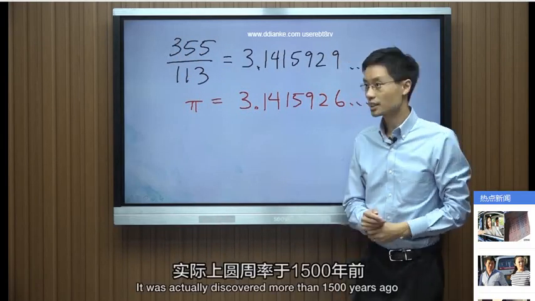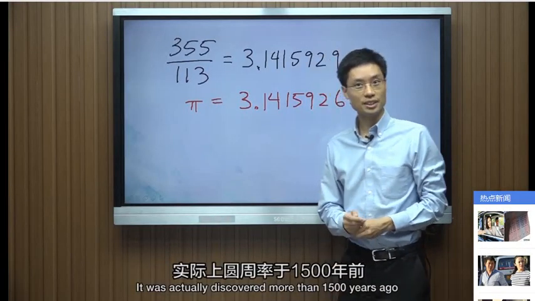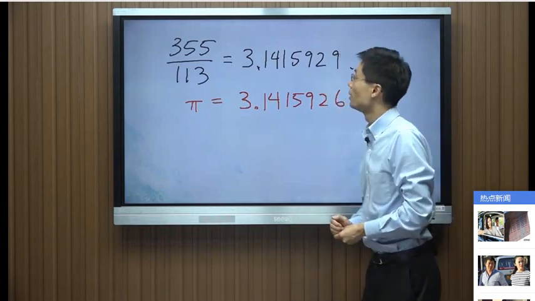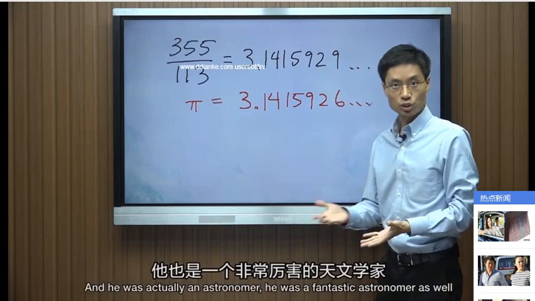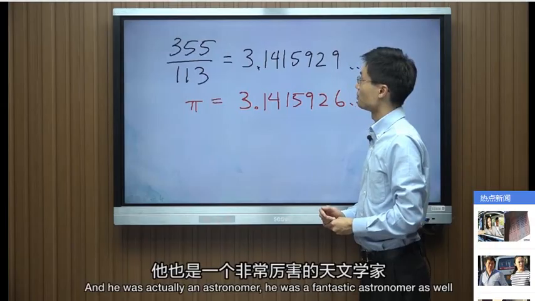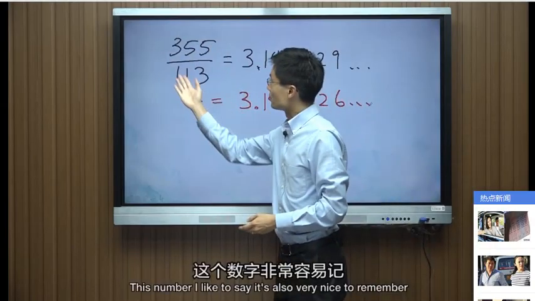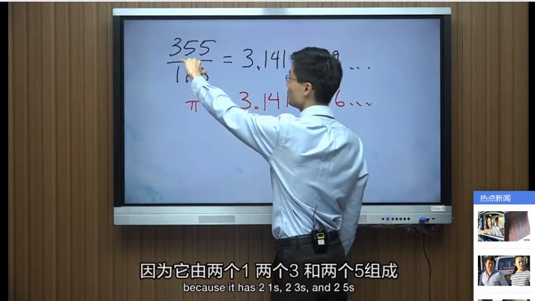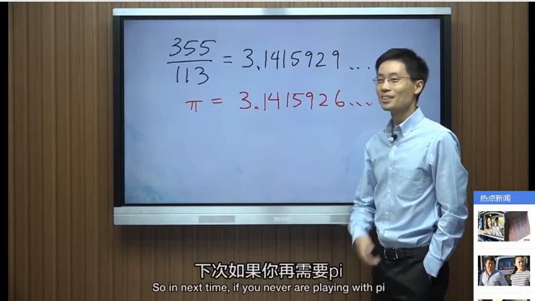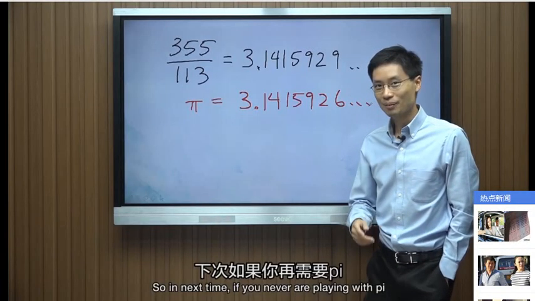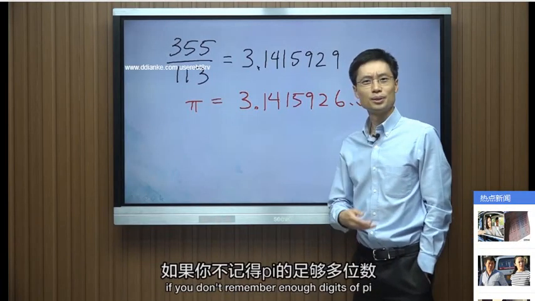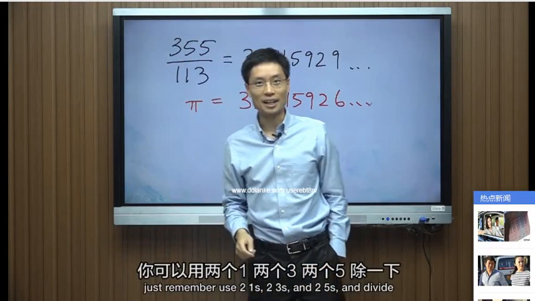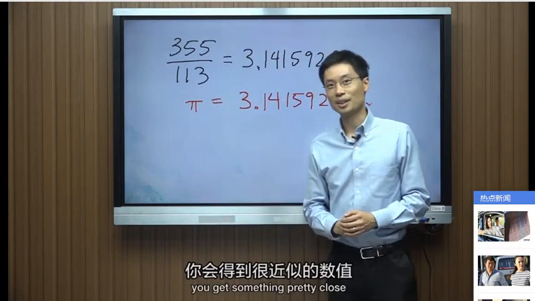It was discovered more than 1,500 years ago by a Chinese mathematician, Zhu Chongzhi. He was also a fantastic astronomer. This number is also very nice to remember because it has 2 1s, 2 3s, and 2 5s. So the next time you're playing with pi, if you don't remember enough digits, just remember 2 1s, 2 3s, and 2 5s and divide. You'll get something pretty close.